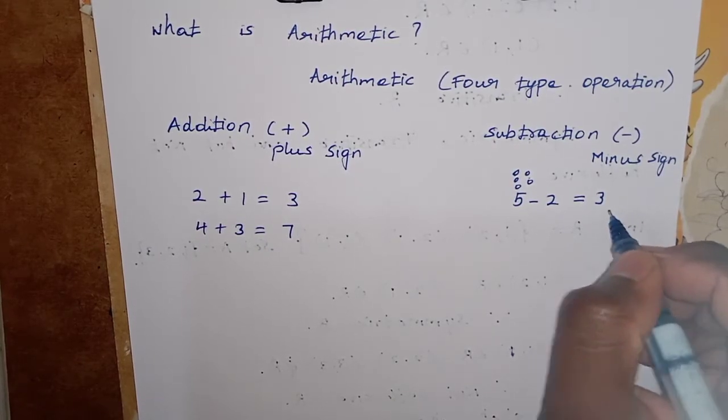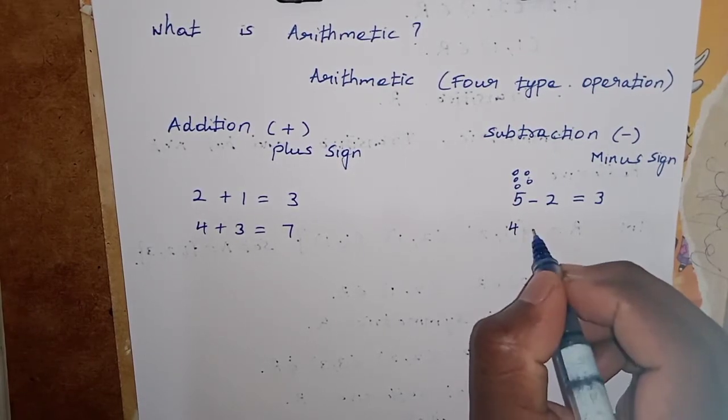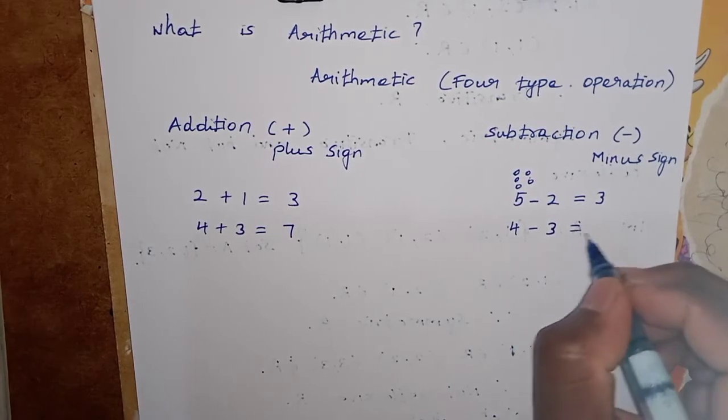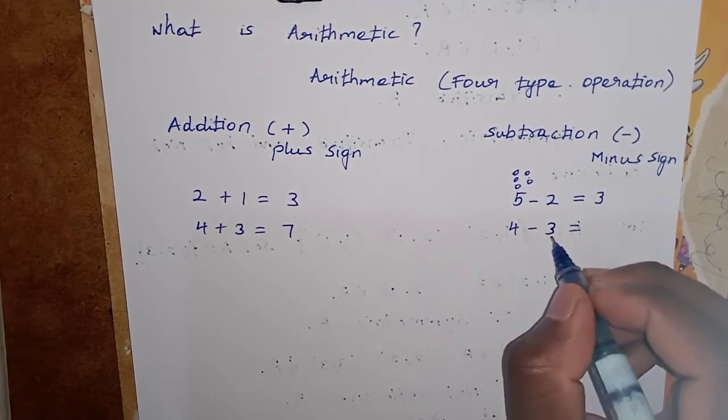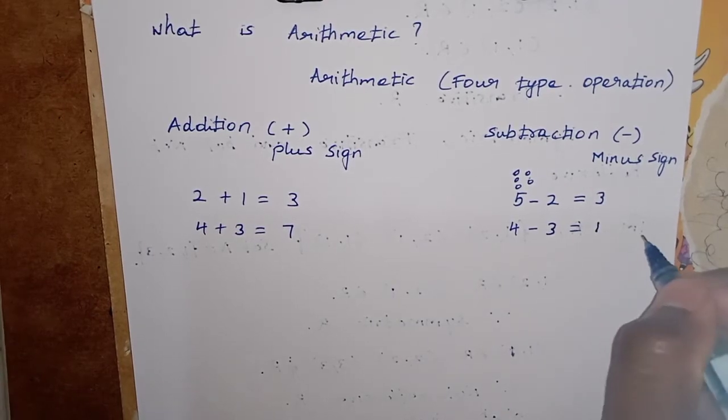Here it is subtraction. Next, 4 minus 3. Here 4 chocolates, 3 given to a friend, and left with 1.